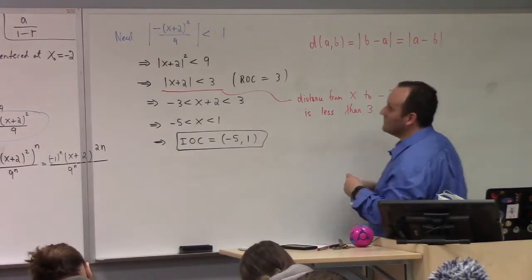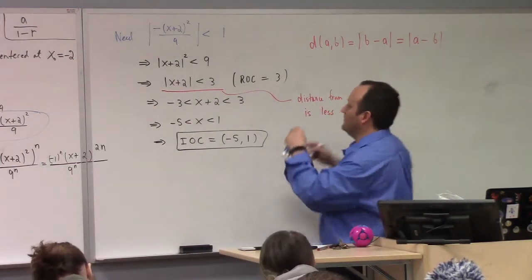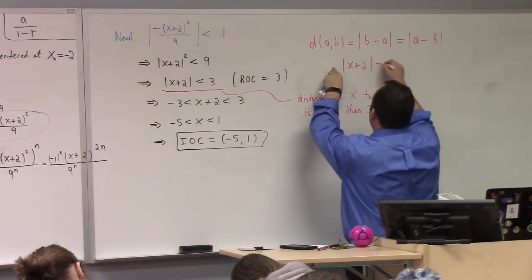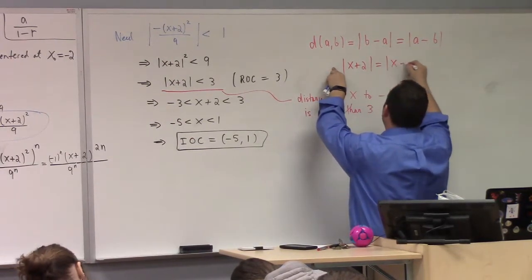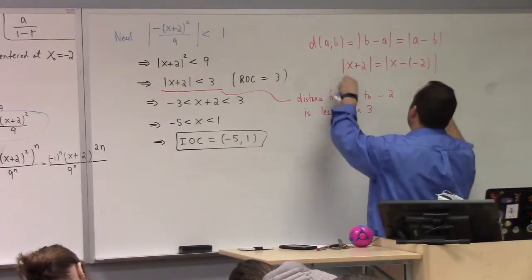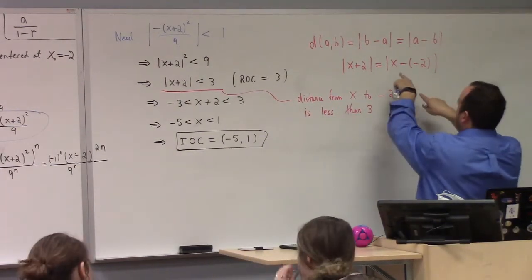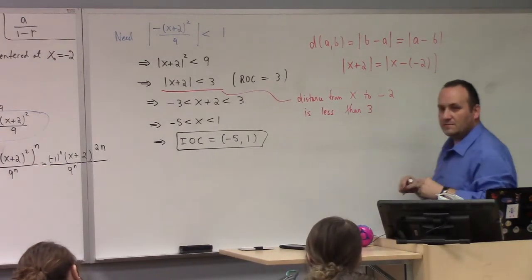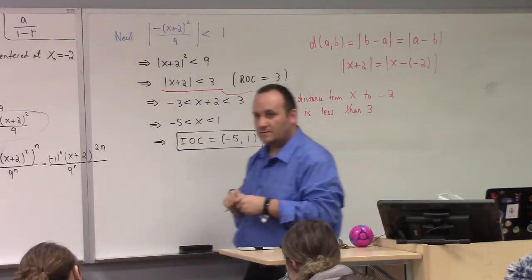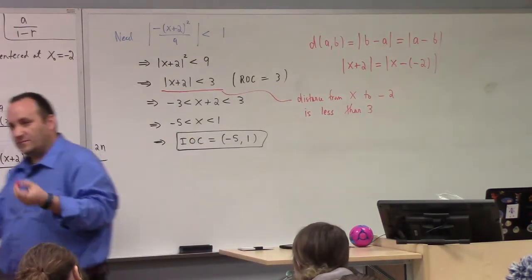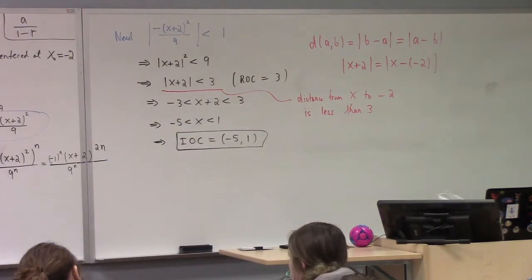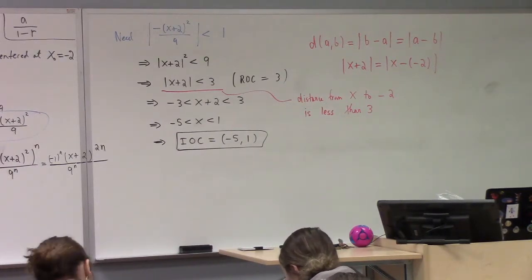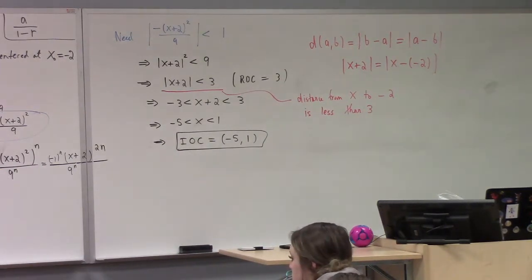It's up to you. So I look at x plus 2 as absolute value of x minus a minus 2. And so I go, oh, this is the distance between x and minus 2 is less than 3. That means 3 is the radius, because you're within plus or minus 3 of the center, which here happens to be minus 2.